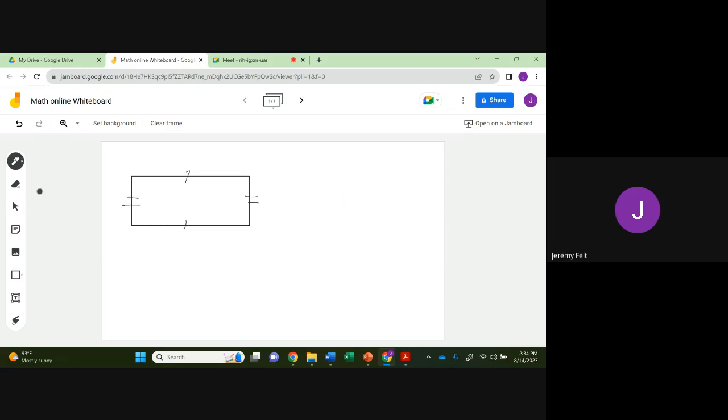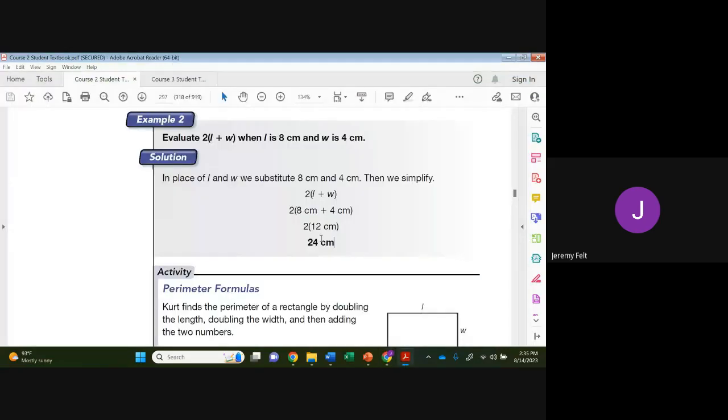So we can add up all four sides, or since we know two sides are the same, we can say, well, if we add up our two sides here and then just multiply by 2, that would represent these other two sides. So it's the same thing. It's just we can do it this way. If that's easier for us, add up length and width and then multiply by 2, and that would give us our perimeter, or we can just add up all four sides. It's the same calculation that we're doing. So that's all that is showing in this example.